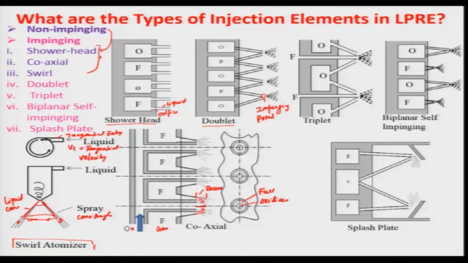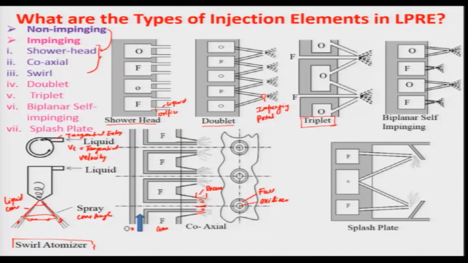If the impinging point is not at the desired location, then the spray will be lopsided and may not lead to good atomization. In order to overcome these problems of impinging atomizers, there are two ways of doing it. One is the triplet.